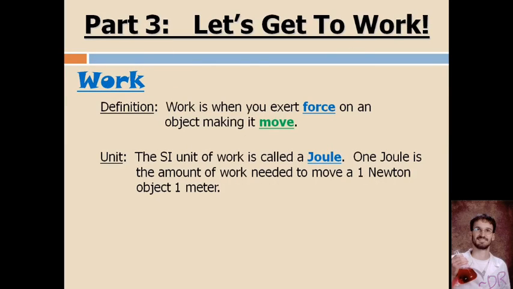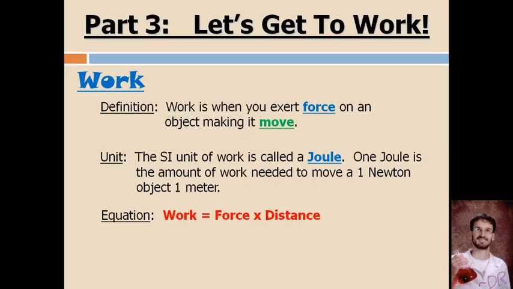Every kind of measurement that we discuss has a different kind of unit associated with it, and the SI unit of work is called the joule, named after Mr. Joule. One joule is the amount of work that needs to be done to move a 1 Newton object the distance of 1 meter. The equation for work is pretty simple.